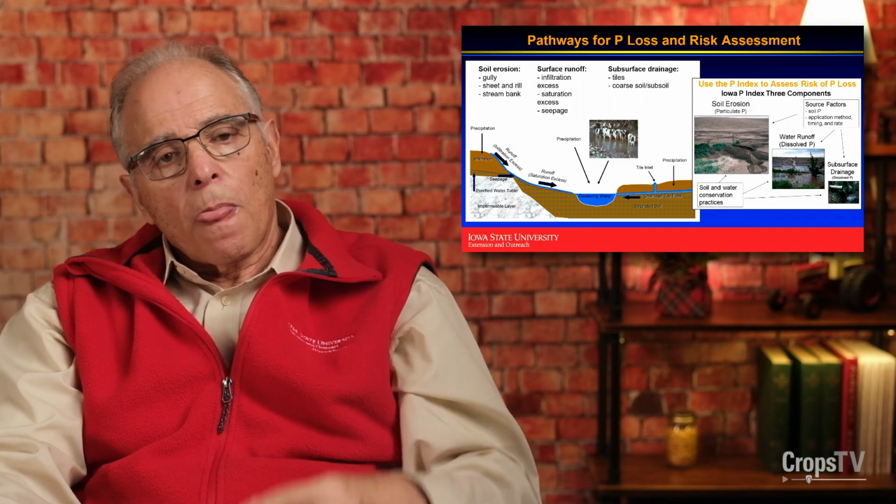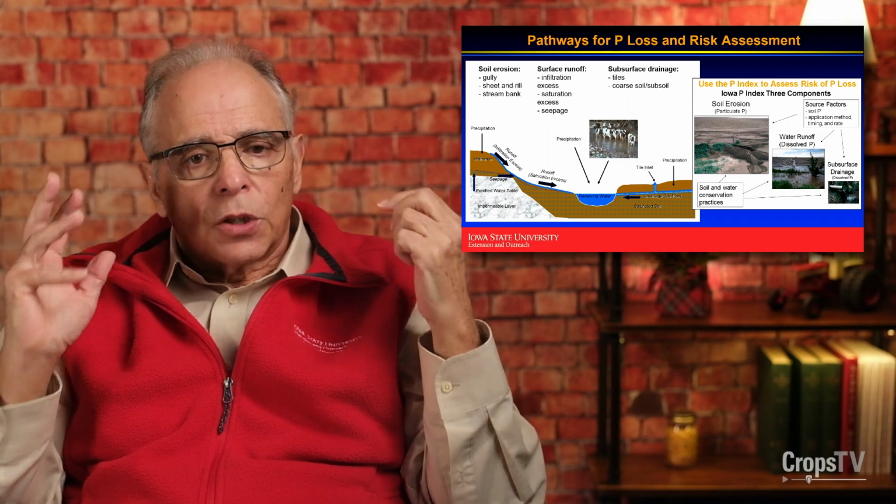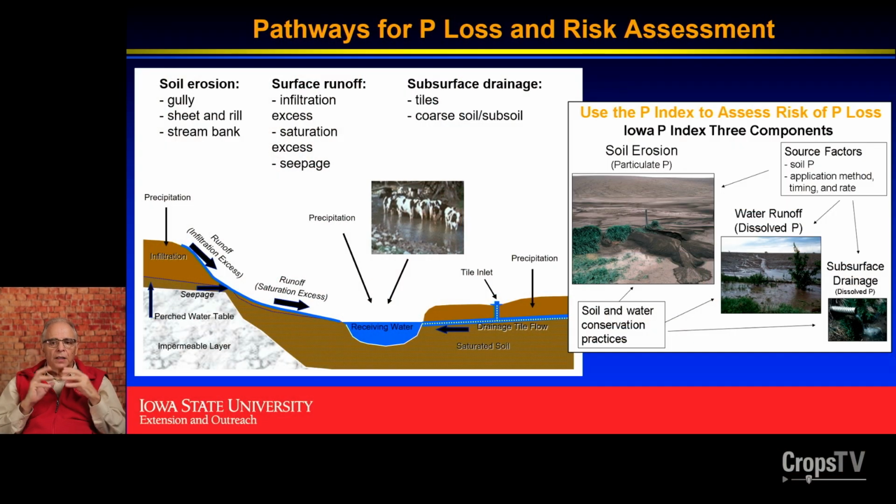Okay, I talk about this in other talks. The soil test and the fertilizer rate are only one of many factors that determine how much phosphorus gets out of the field or goes to a stream, a river, or a lake. So we have all this in the diagrams on the left. We have all these different ways the phosphorus can go there. That's why, a few years ago, we in Iowa and most states decided to go to the P index.